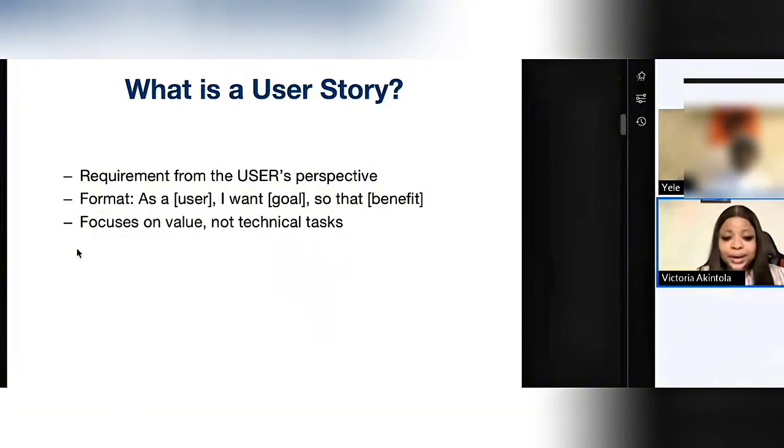Now, you see user story, right? When you're writing requirements from the perspective of a user, that is user story. Do you get? User story is you're writing a requirement from the perspective of the user. As a user, who is the user? We have different users. Remind me of the users we're looking at.